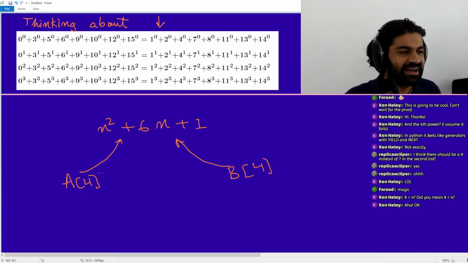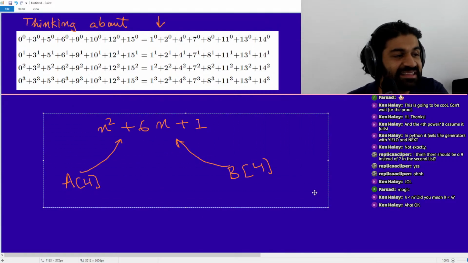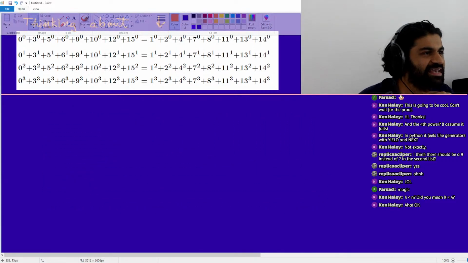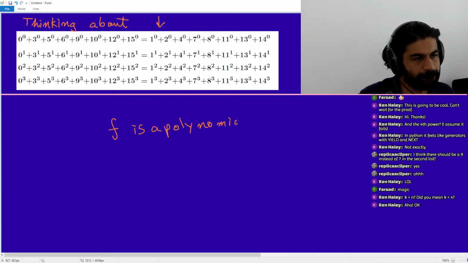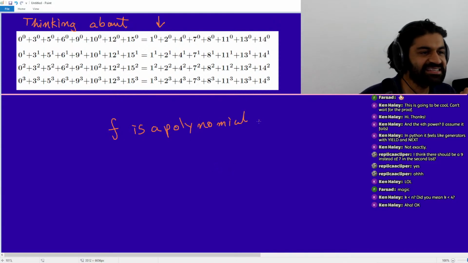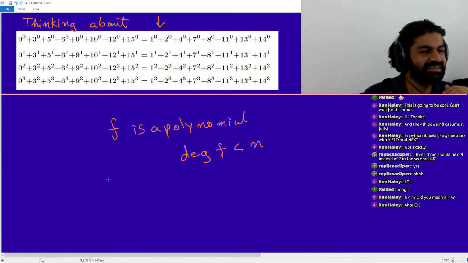So actually, if this is true, in fact, more is true, right? You can take your favorite polynomial, as long as the degree of that polynomial is less than n. So say you have your favorite polynomial, f, and let's say the degree of f is less than n. Then here's what you can do.